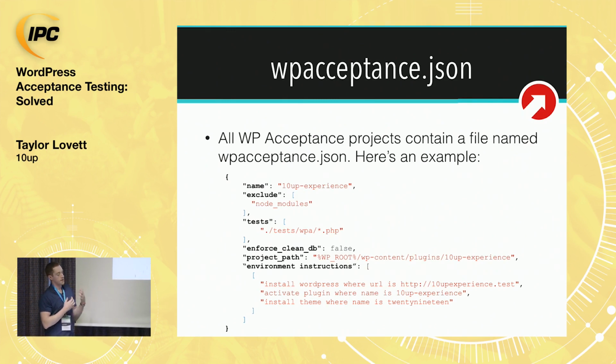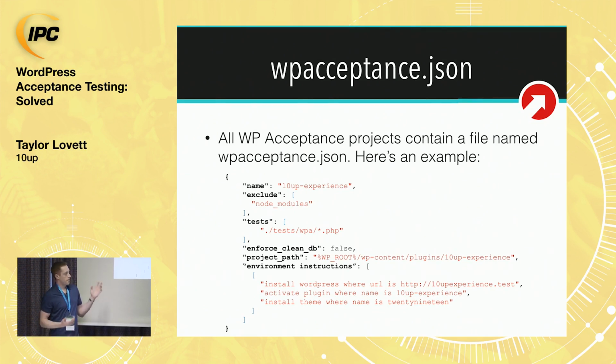The disadvantage to enforcing a clean database is it is going to make your tests slower to run, because after each test it then has to re-import all this SQL, and it just takes longer.